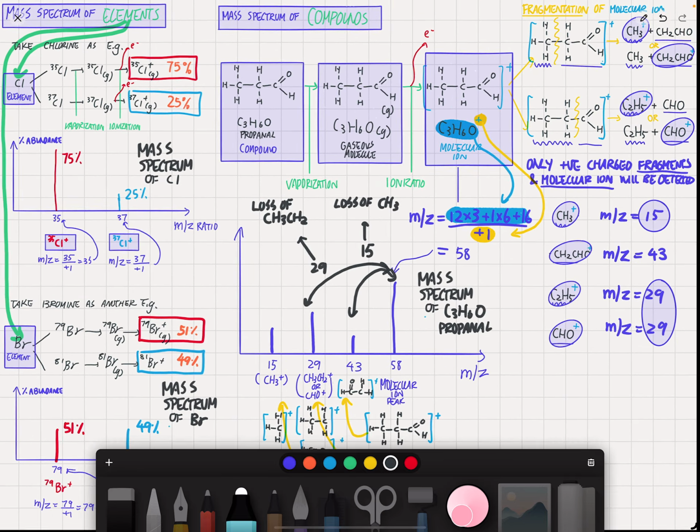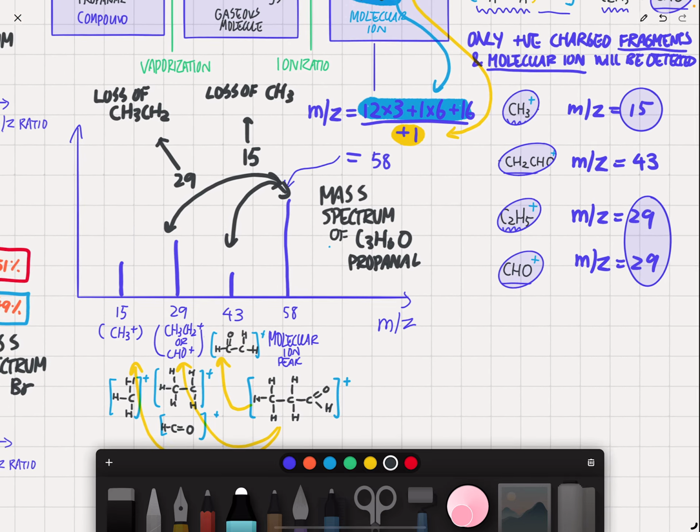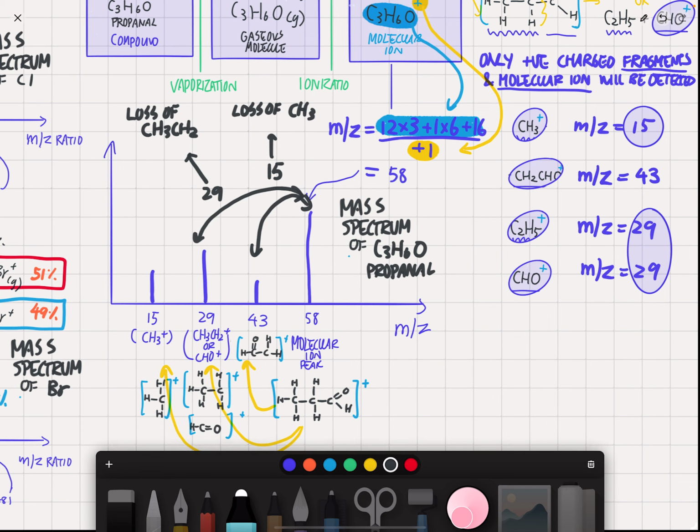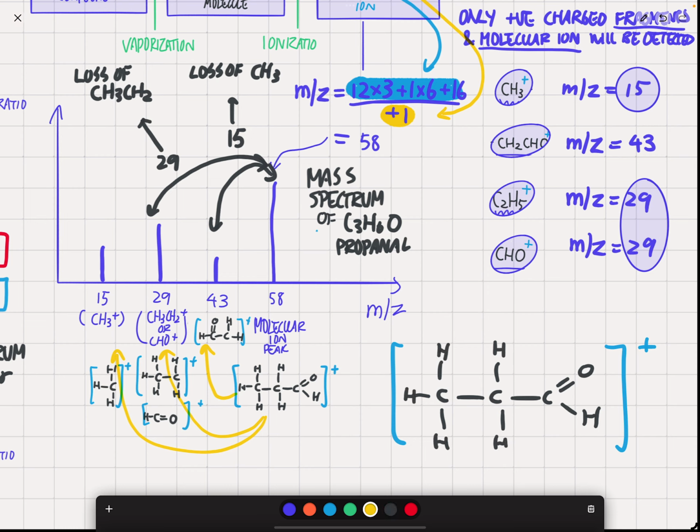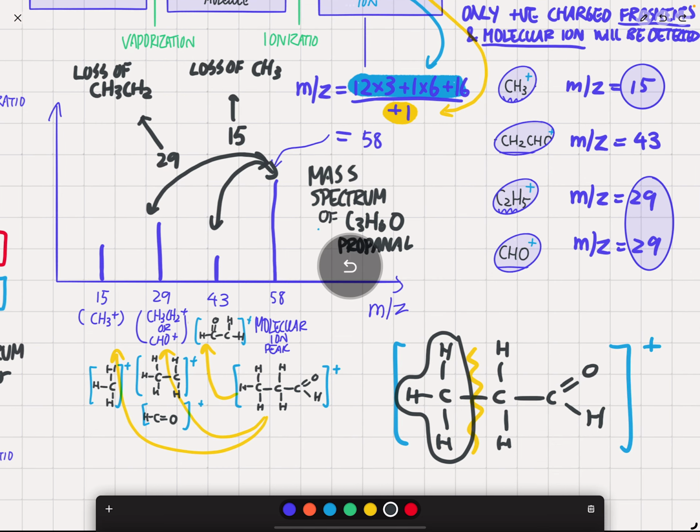Even though it doesn't tell you the exact structure of the molecule, let me try to explain it this way. So you have CH3, CH2, C double bond OH. So this is the molecular ion. If it undergoes fragmentation at this position and strips away the CH3 group, the resultant fragment will have 15 units of mass smaller than the parent molecule.